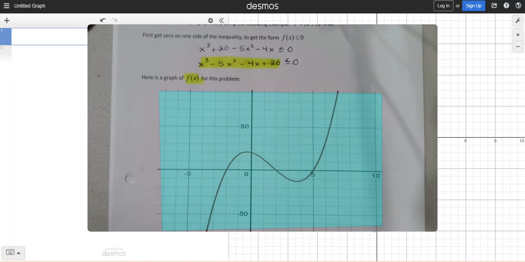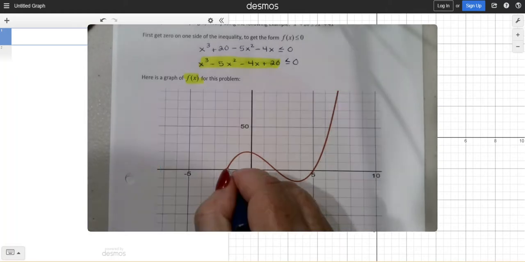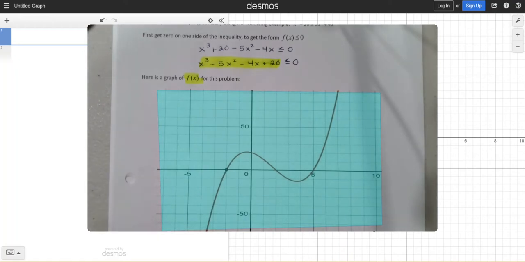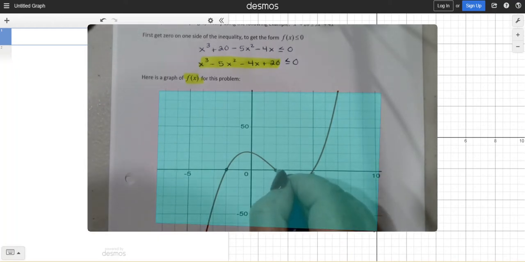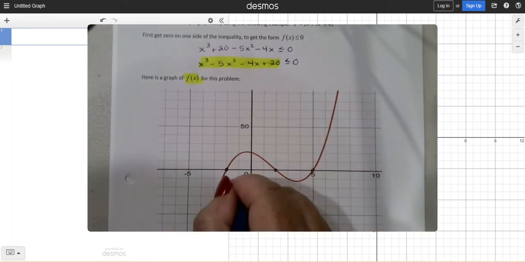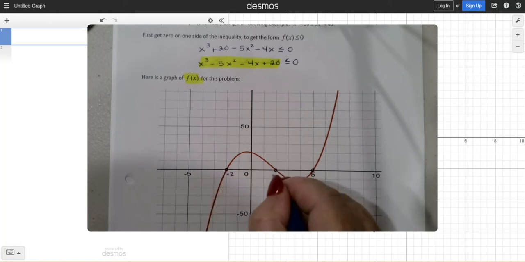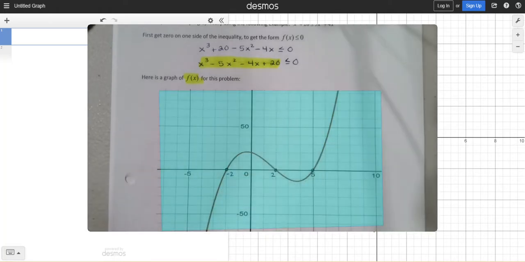Well, if I start by just thinking about where it's equal to 0, the zeros of the polynomial I can identify pretty clearly are here at -2, here at +2, and then over there at 5.